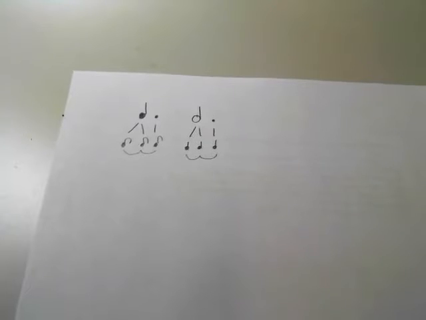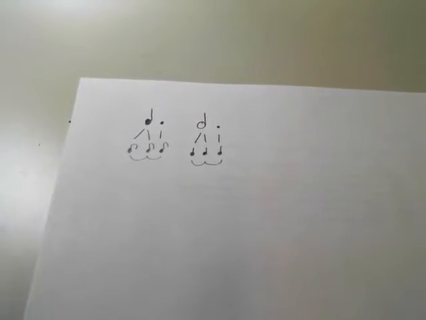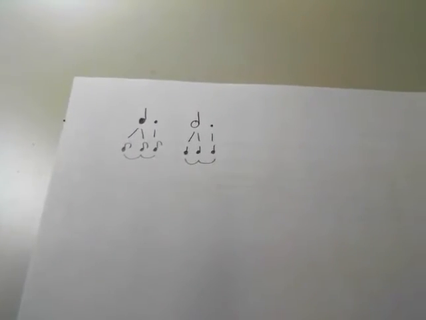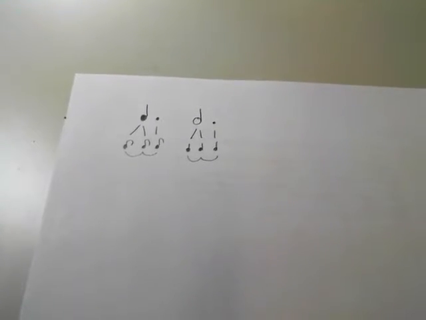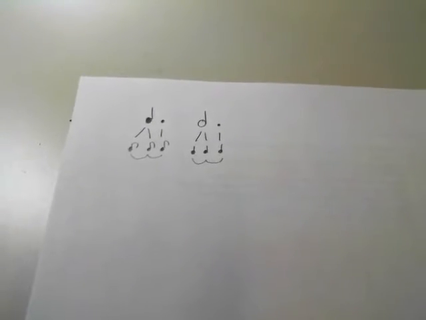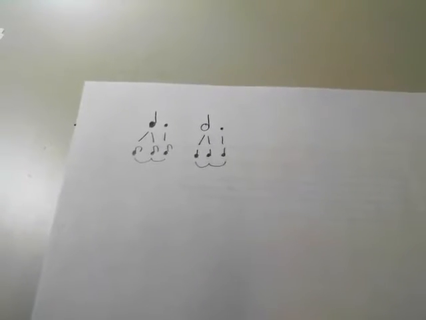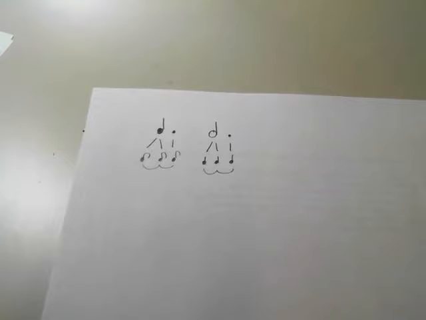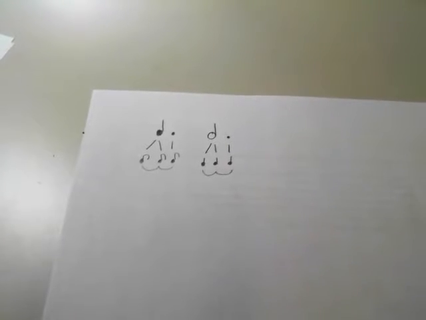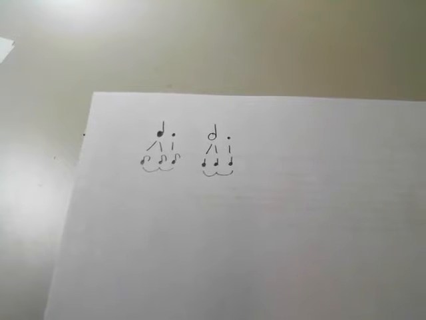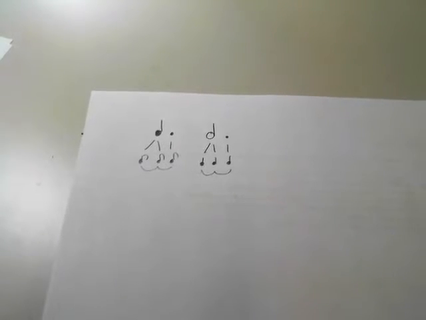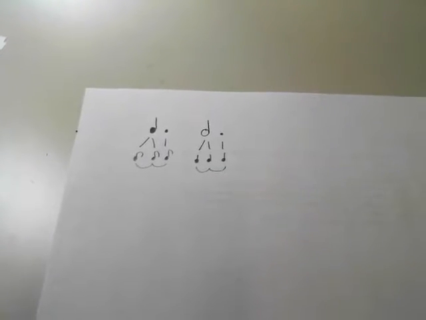Actually, you could not divide these equally into two parts, but only into three. And this is how it works with these regular note values that we have. So whenever we have a compound meter, the beat is divided into three. That means the beat has to be a dotted note. So just let that sink in for a second. In a simple meter, the beat is a note without a dot, just a regular note value. But in compound meter, the beat has to be a dotted note.